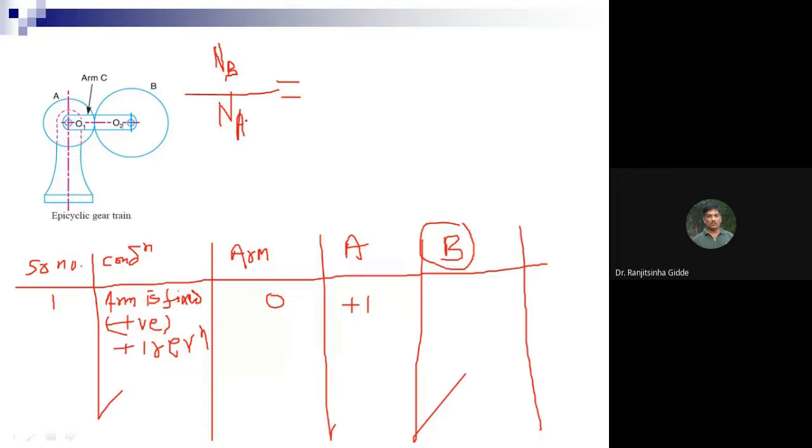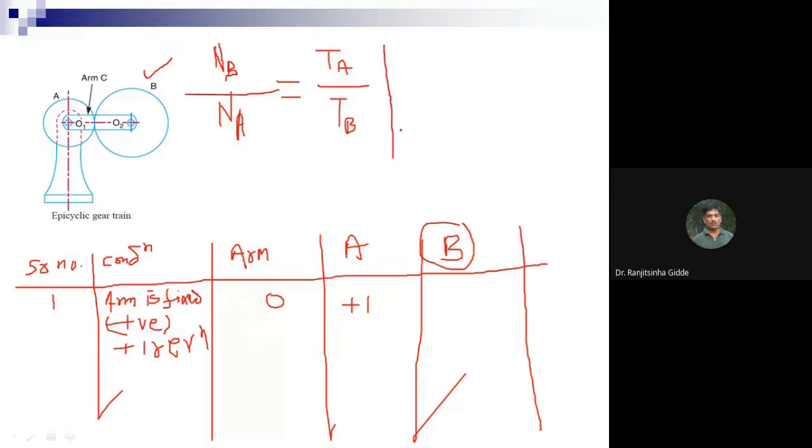Now NB upon NA, so we need to find out speed for this B. So that's why we have written NB upon NA is equal to TA upon TB.